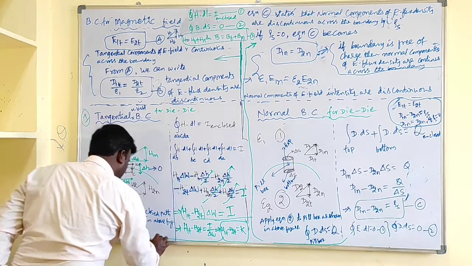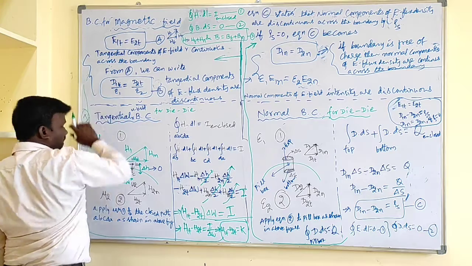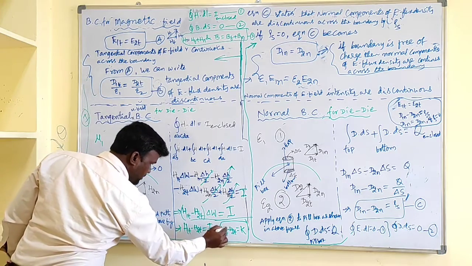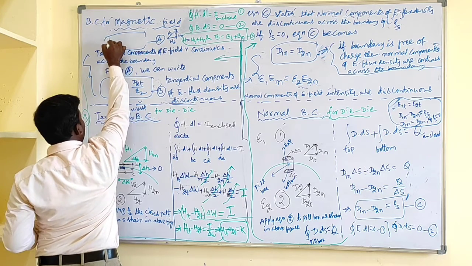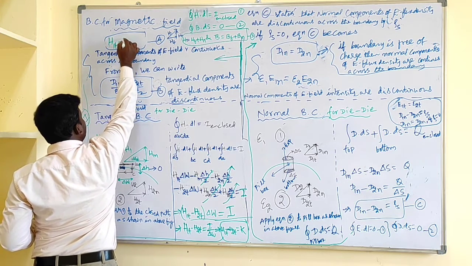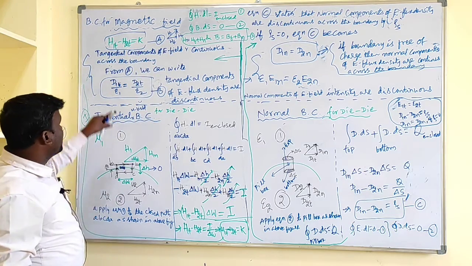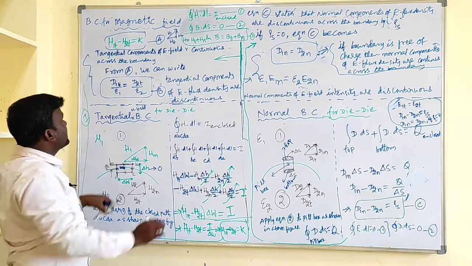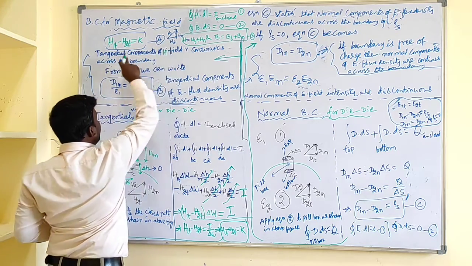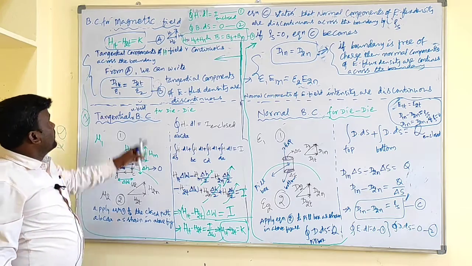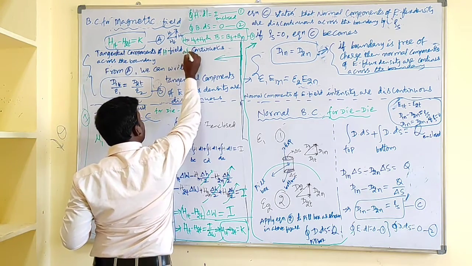From this, jump to this place. Okay, this arrow. What is the conclusion? We have H1T minus H2T equal to K. Let us take this as equation 1. It means tangential components of magnetic field, that is the H field, are continuous or discontinuous.